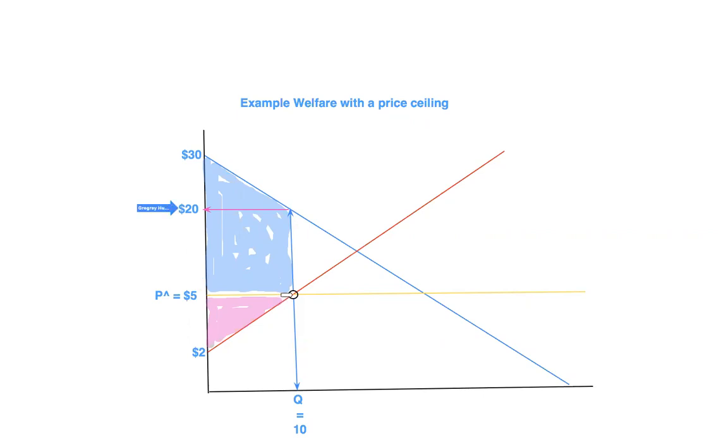So notice the point that represents where the price ceiling intersects with the supply curve. It gives us the quantity that's going to be purchased.